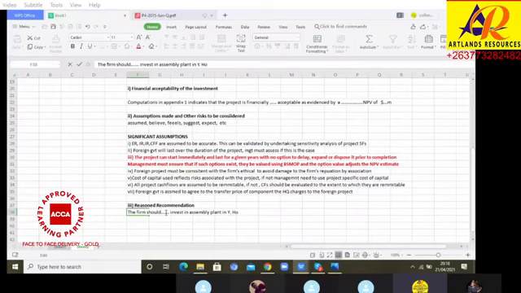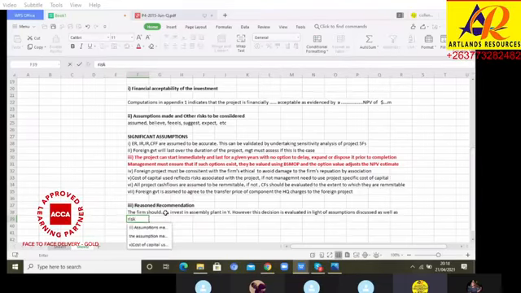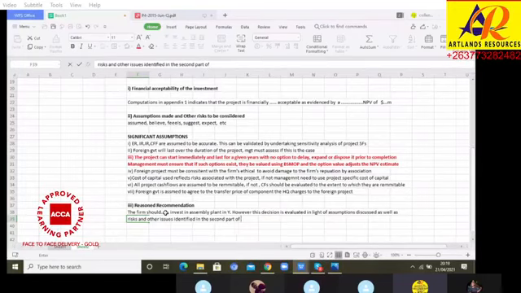However, the decision is evaluated in light of the assumptions discussed, as well as the risks and other issues identified. Two, in the second part of the report.